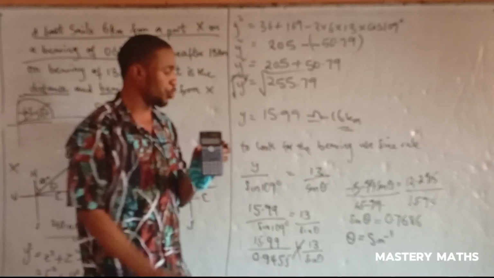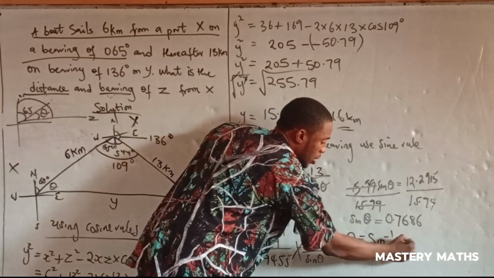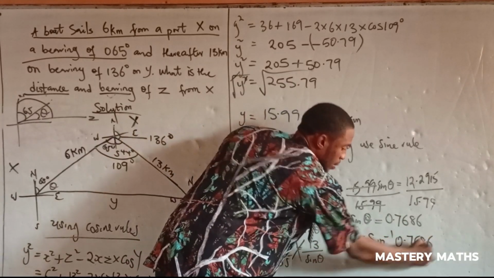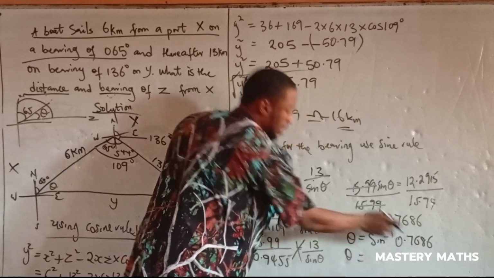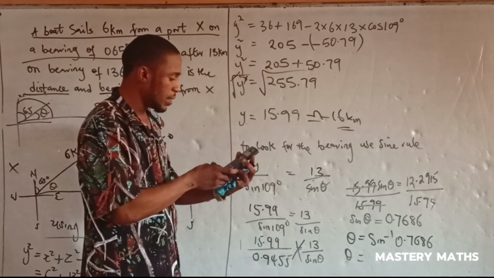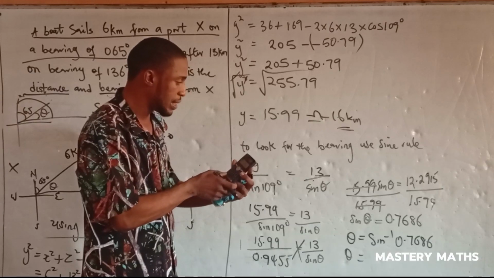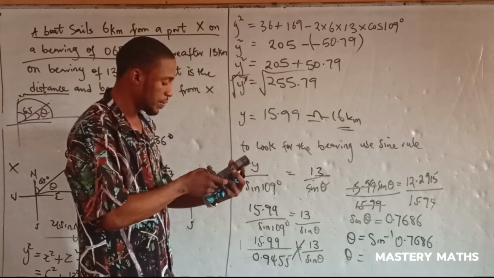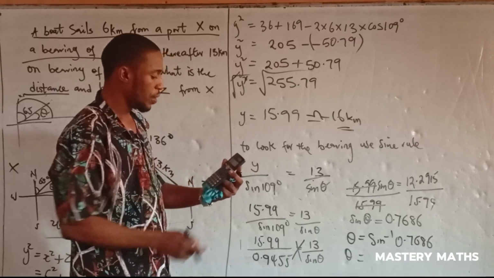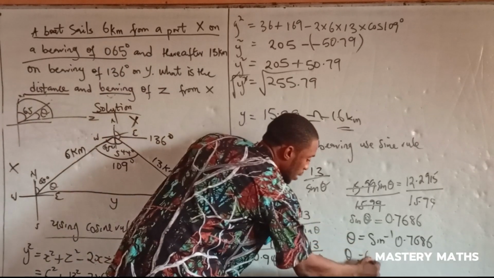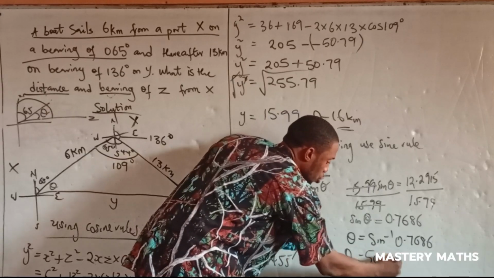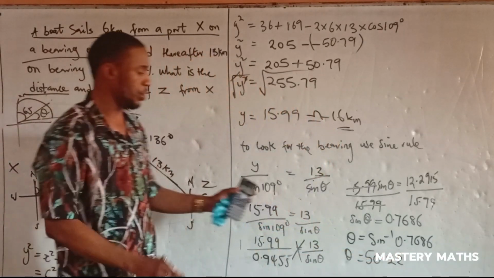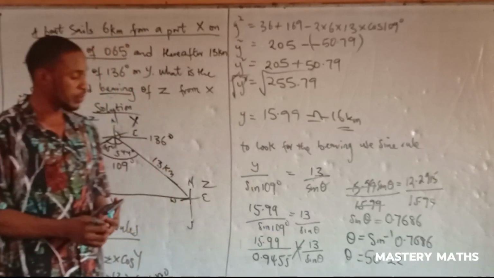And when it gives it to you, you bring down the number. Now, shift sine of 0.7686 will give us 50.22. When you check, it was 50.22.